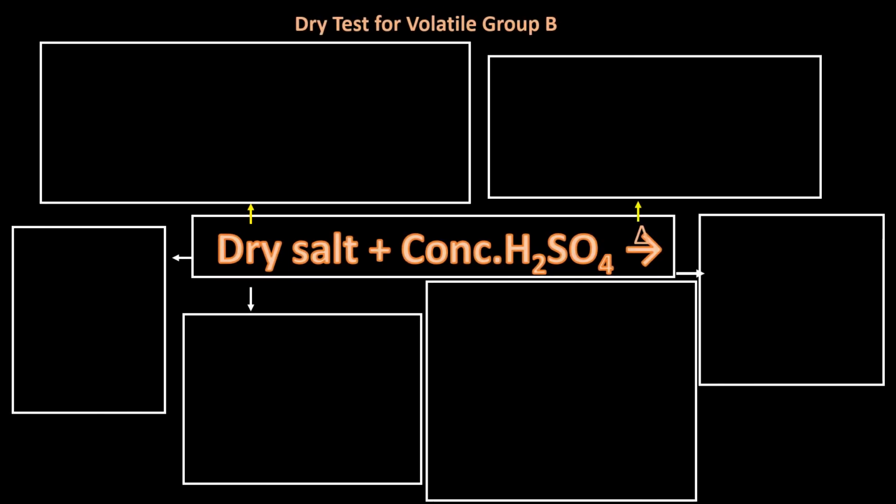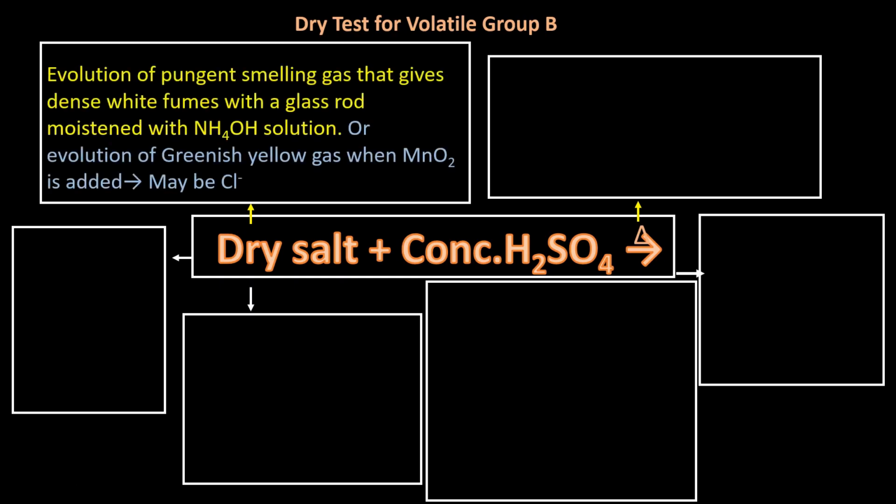Now coming to the dry test for this volatile group B, where we are using concentrated sulfuric acid. So the first one, if you get evolution of a pungent smelling gas that gives dense white fumes with a glass rod moistened with ammonium hydroxide solution, or evolution of greenish yellow gas when manganese dioxide is added, then it may be chloride.